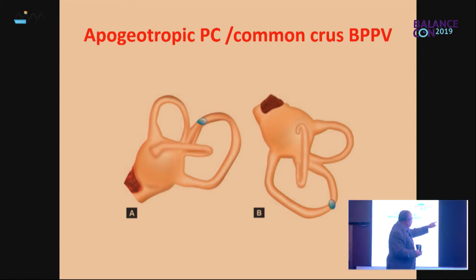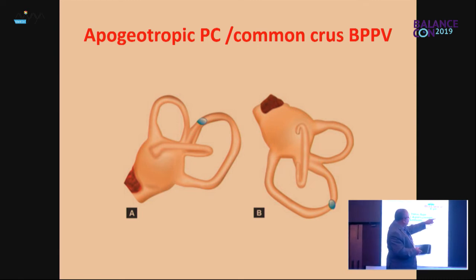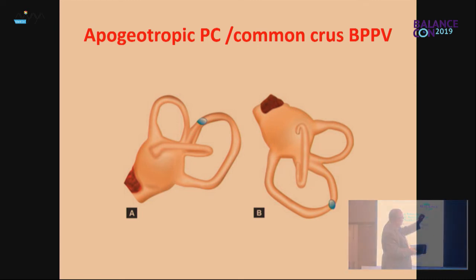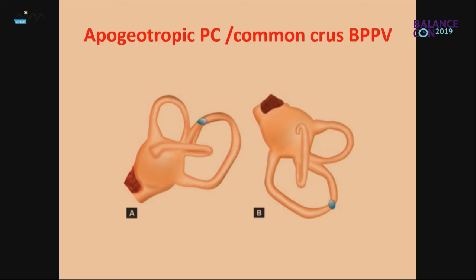They put here, in the apogeotropic, the otoconia, the blue one. Yeah, this one. But what happened? Sometimes you have the otoconia here in the common crus. Just think, if the otoconia are in the common crus, what kind of nystagmus do you expect to see? Yes, purely torsional. And simply why?